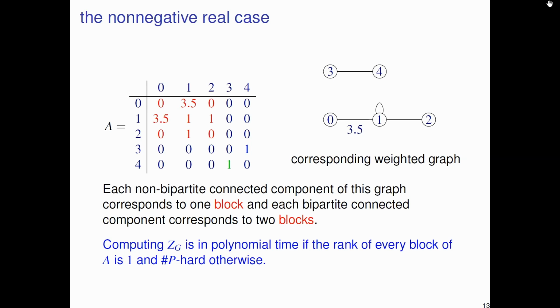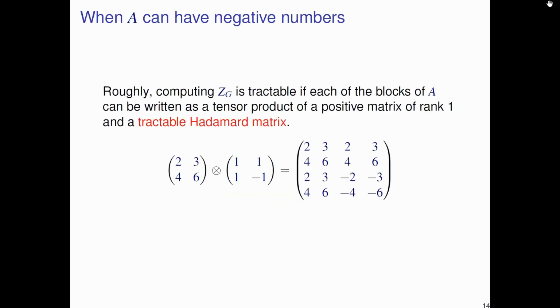But what was nice about these results was that they showed that for every other fixed matrix A that exists, it's actually number P hard. That's the depth here, that every other thing is hard. Okay, so that's the truth for the non-negative case. And then I'm just going to briefly tell you the truth when the matrices can contain negative numbers.